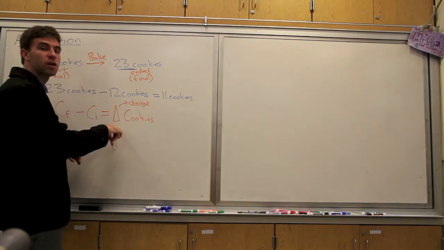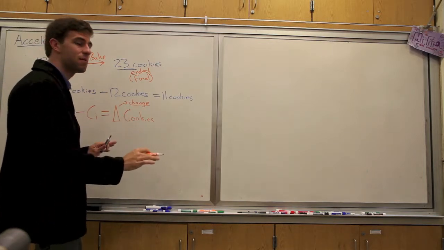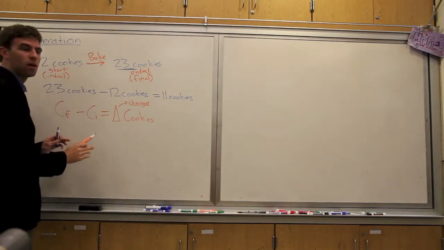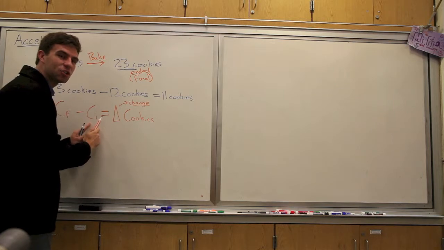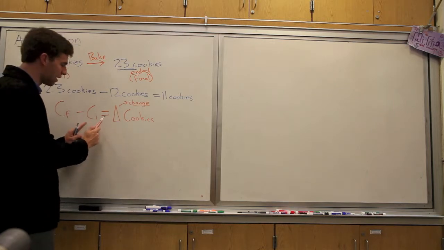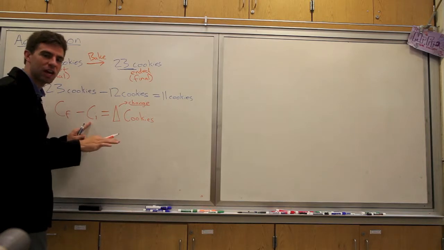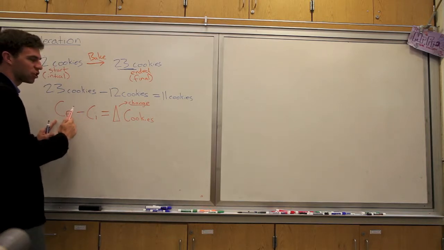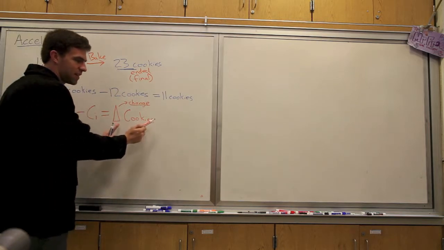This triangle is the Greek letter delta, it means change. So what we need to know is that you take the final cookies, CF, which is what you ended with, and the initial cookies, CI, which is what you started with. If you subtract the ones you started with, because they didn't take part in the change, all you're left with is the cookies that changed, that you gained to get to this point.